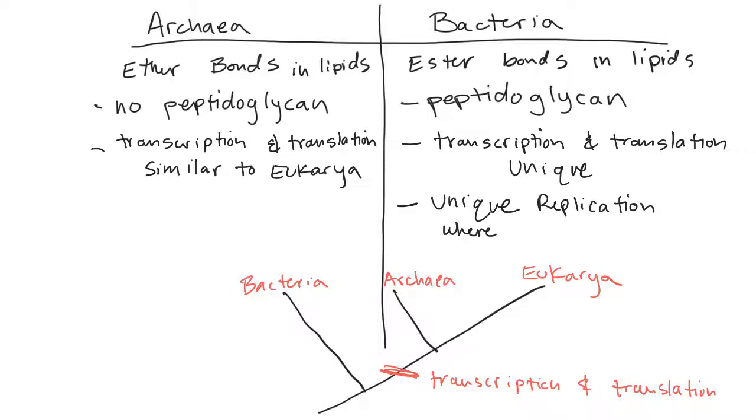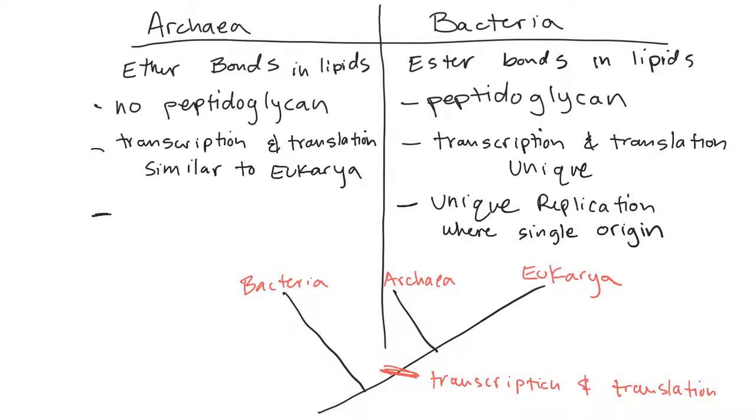What was in the video lecture? Single origin of replication. Okay, so replication starts at one point, and then it goes in both directions till it completes the one chromosome.